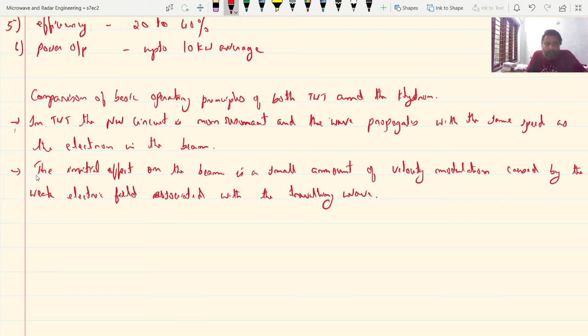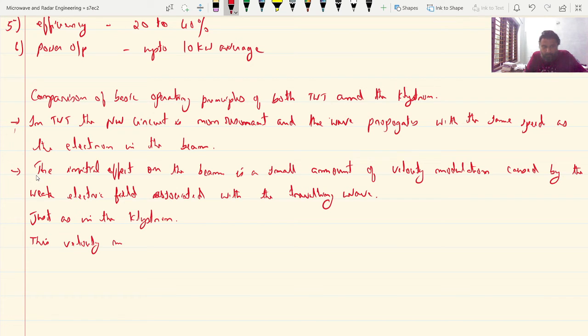Whereas, just as in the two cavity klystron, what is happening? Because of the interaction of the electron beam and electric field, it will create a velocity modulation.